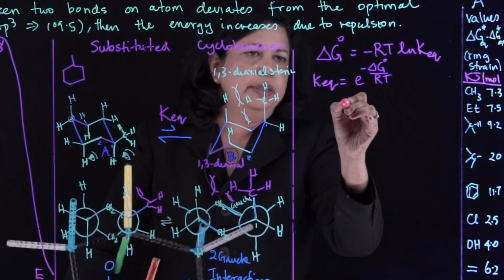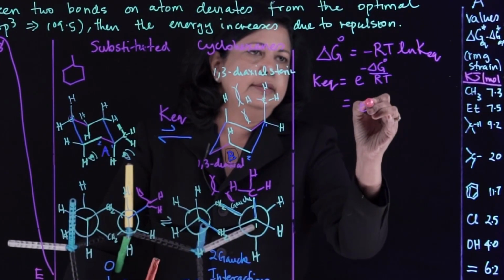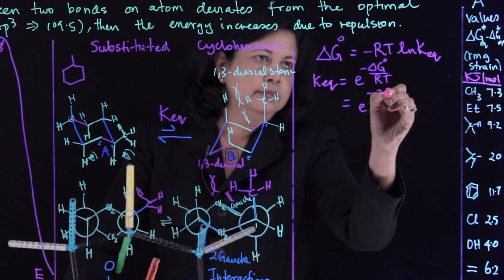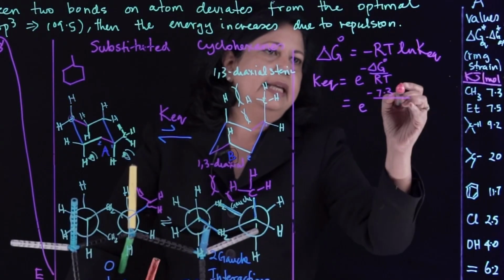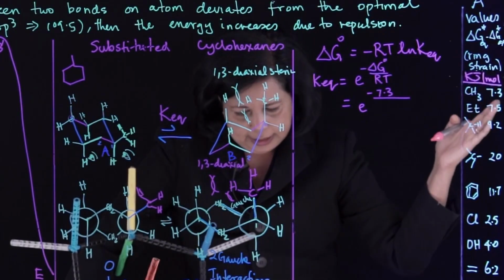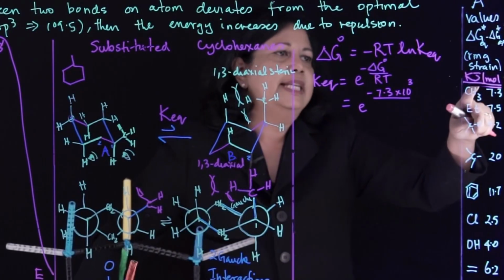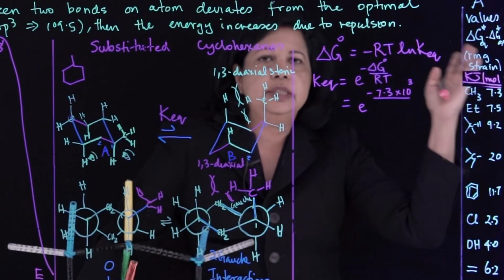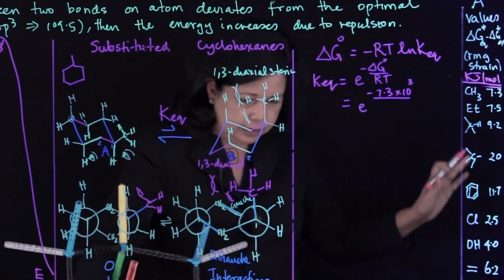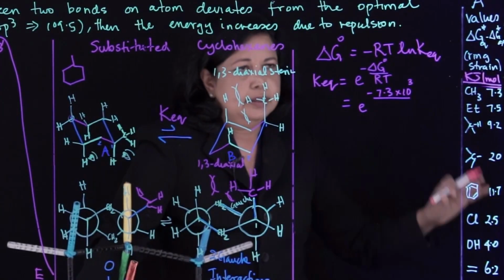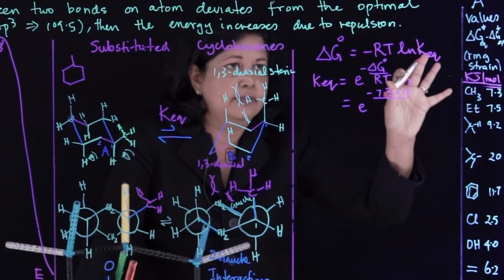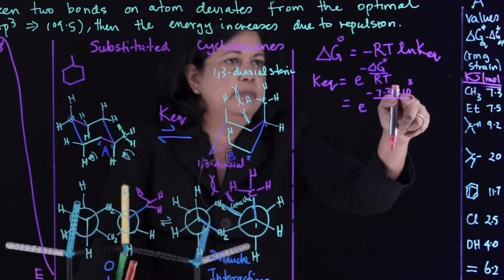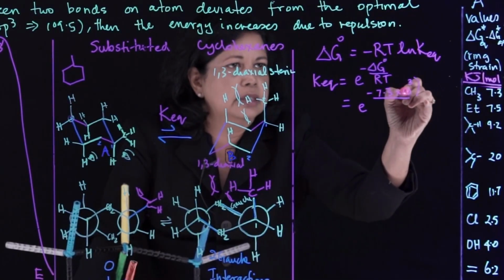Here, this is going to be e to the negative 7.3, divided by, it has to be 10 to the 3. This is in kilojoules per mole, and our value is 8.314 joules per mole per Kelvin that we learned from Gen Chem, the same value. Because that's in joules, we have to convert this to joules, so we multiply by 1,000.